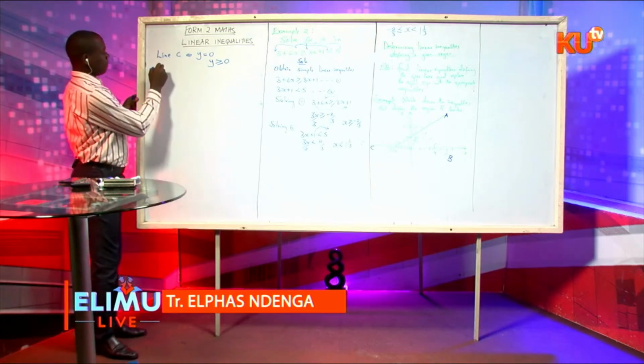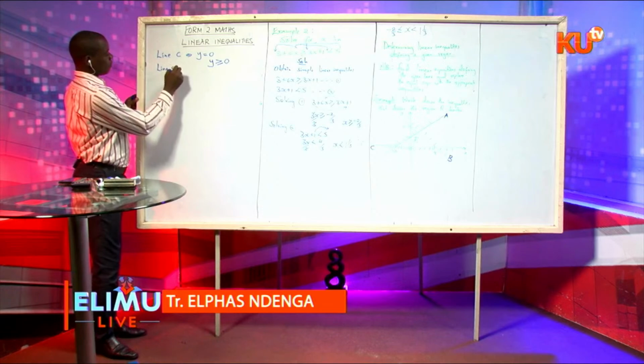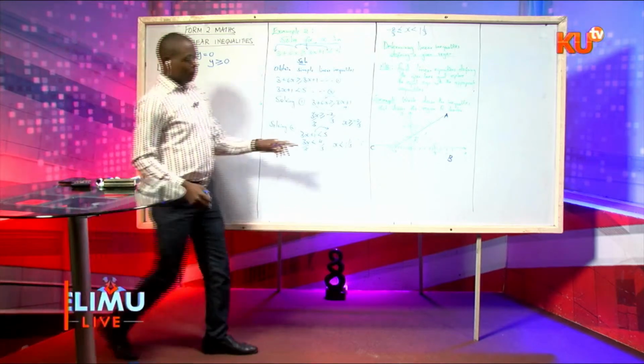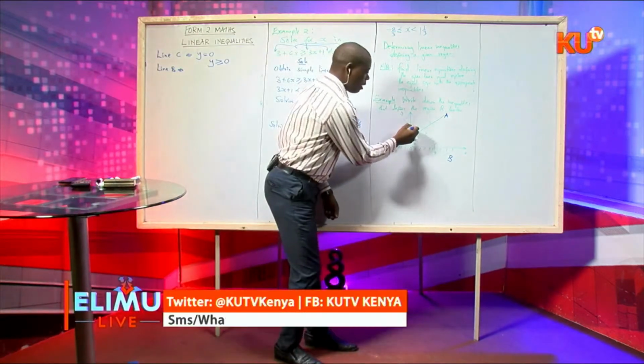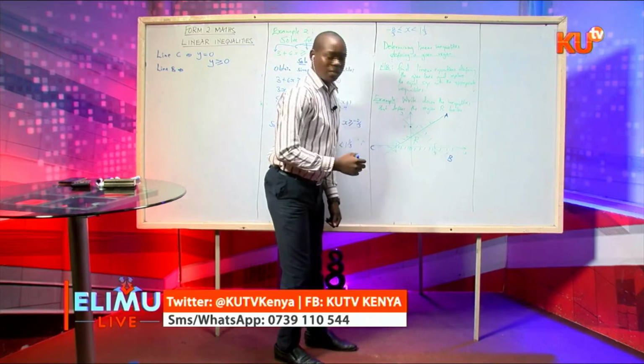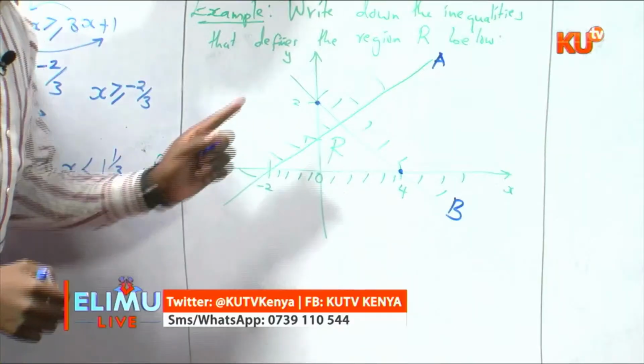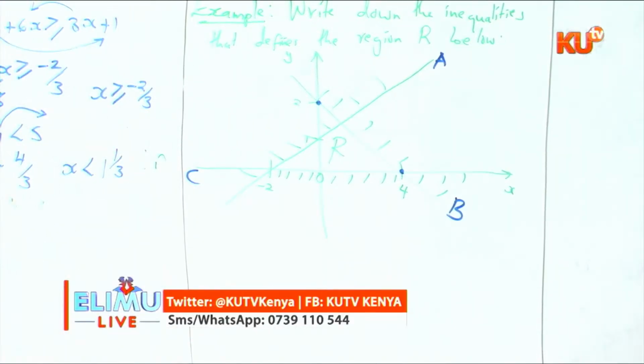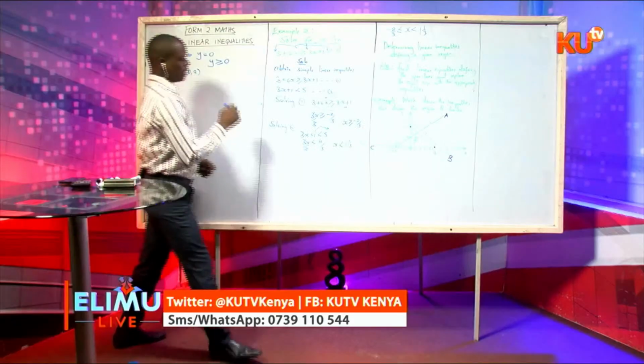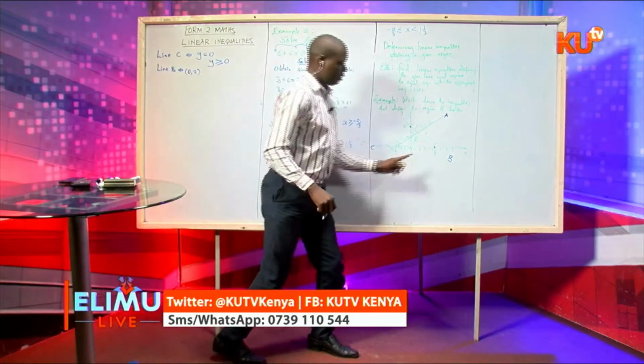And so let's go to line B. Line B, as you can see, it's passing through this point and this point. The first point is 0, 2. And the second point is 4, 0.